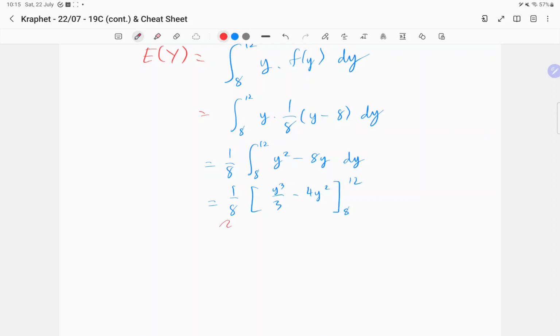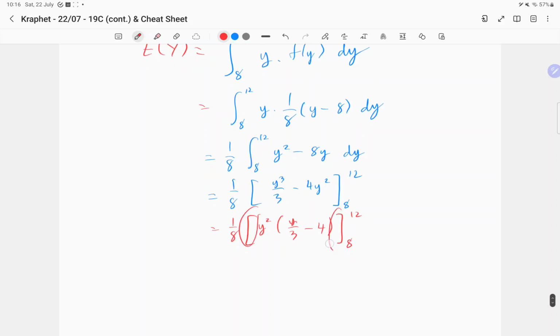Once again, when you see something like this, always factorize it. Then you get y squared times y on 3 minus 4, which is much easier to work with. Note that I'm doing this before I actually sub the values in, so the square brackets are still there. Make sure you don't lose the square brackets. Then 1 over 8, sub 12 in.